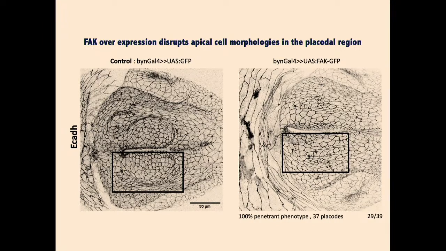Excuse me, I have a question. So all these perturbations are done locally, right? Just to this part, this heart-shaped structure that I showed you. Yes, I mean it's a genetic tool where you can induce a particular perturbation in a spatially and temporally regulated manner.